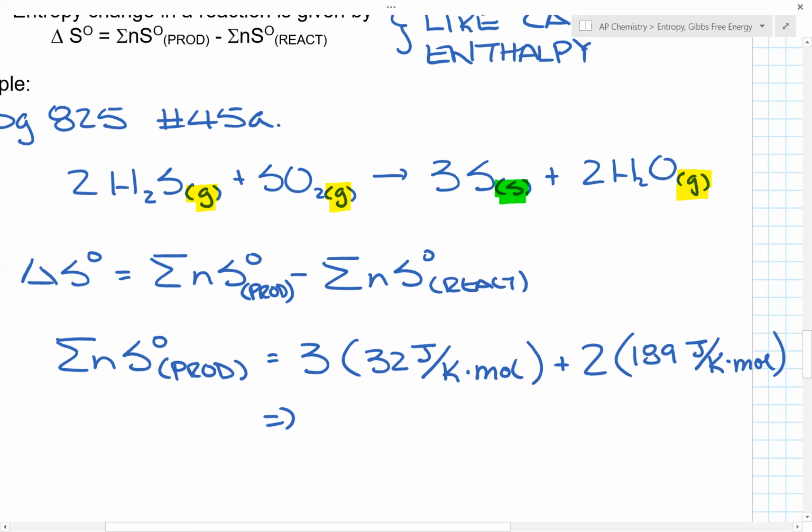And what I would get here is 474 joules per Kelvin.